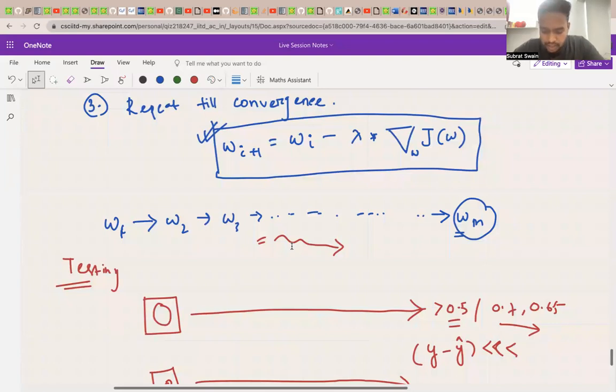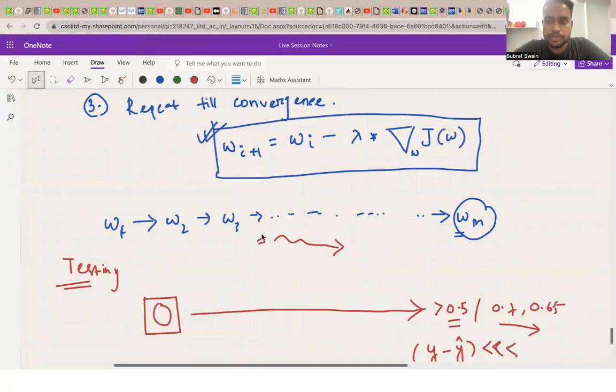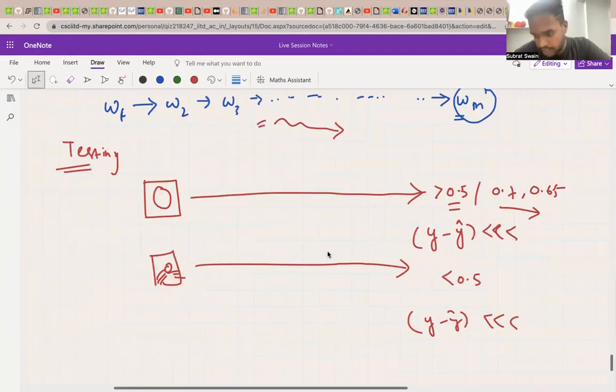Let me know, everyone else. Meena said yes. Sasi, Ramaneshu, Ramesh. So this thing is clear.